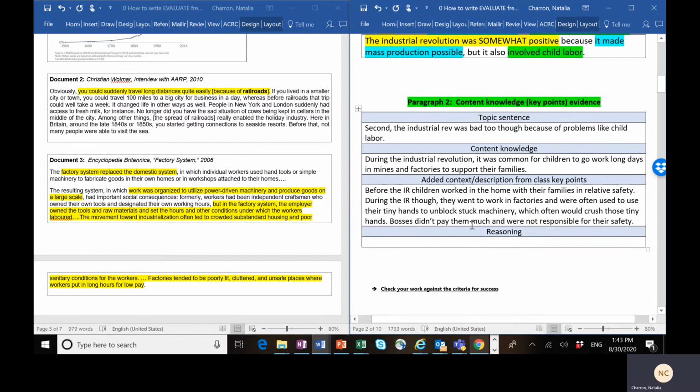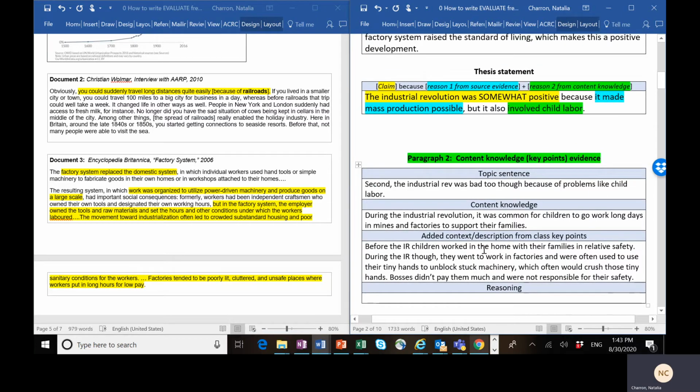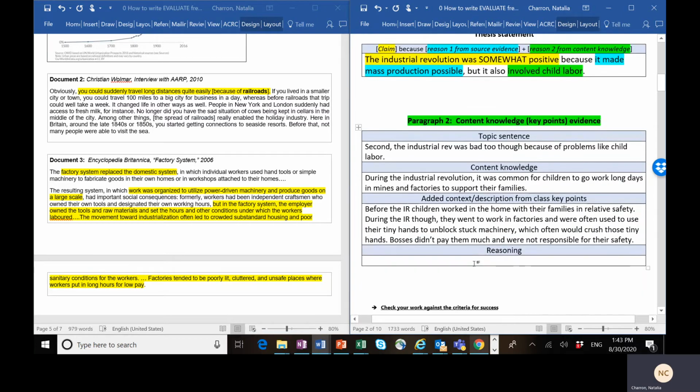The last step, as with evidence 1, is reasoning. And here again, we're not looking for you to repeat that this was a bad thing. We're not looking for you to restate your whole argument at all. What we want you to do is connect this evidence, these facts about child labor in the Industrial Revolution, to your claim about this making the Industrial Revolution only somewhat positive because these are bad things, right?